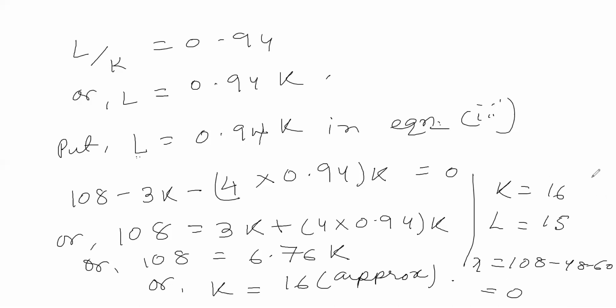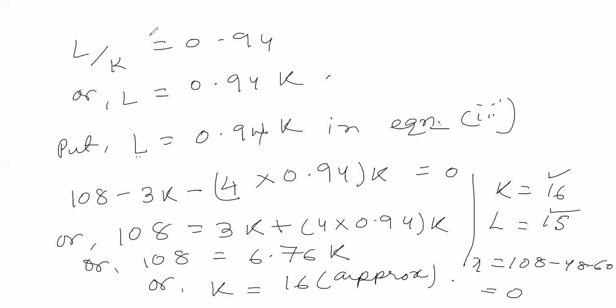Now remember that, as I said, these two are the approximate values. So that's how you have identified the critical value. If you put it in the original production function, you will get the exact figure for production.